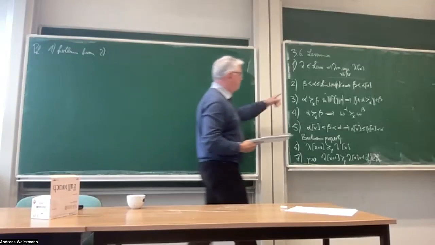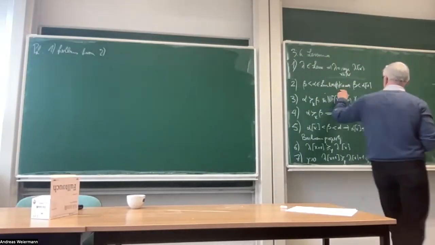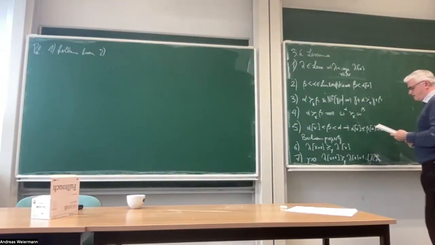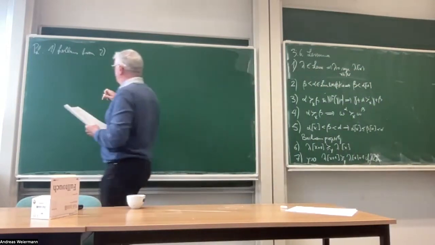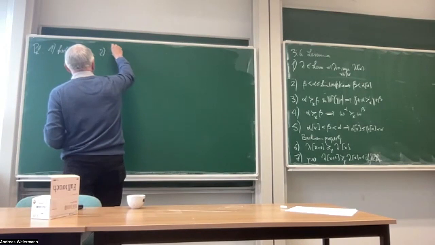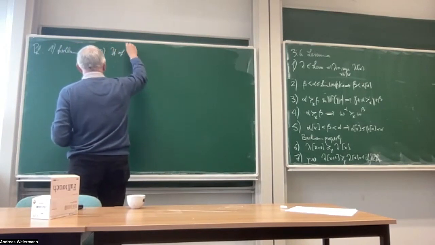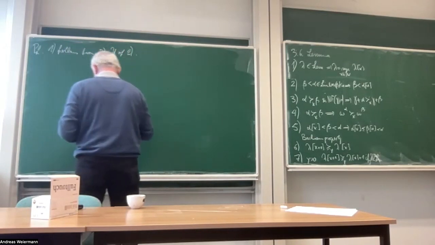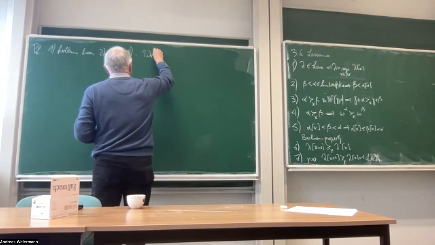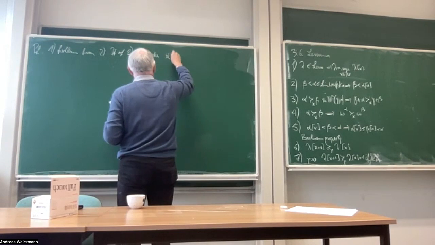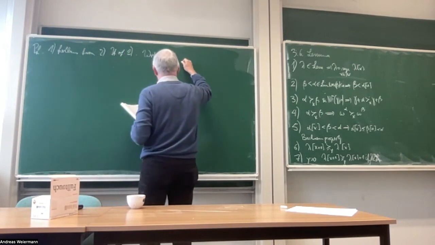Because 2 basically gives an effective modulus of convergence for alpha. Now, so let us prove 2. For this, write alpha in normal form.